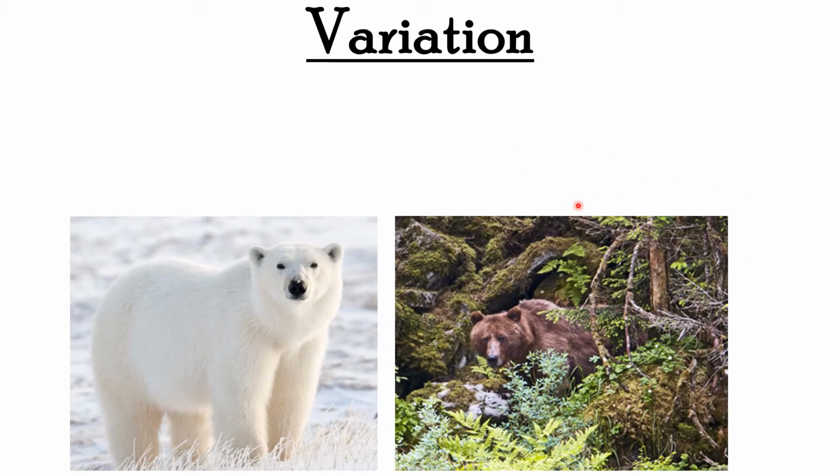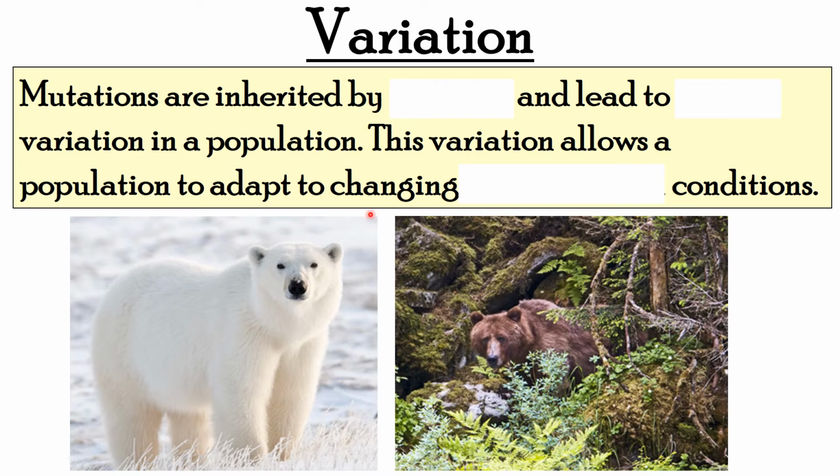So what mutations do is they lead to variation. Mutations are inherited by offspring. If you have that very first person with blue eyes, you know this from Unit 2, variation and inheritance, your homozygous, heterozygous, and your monohybrid crosses and so on.